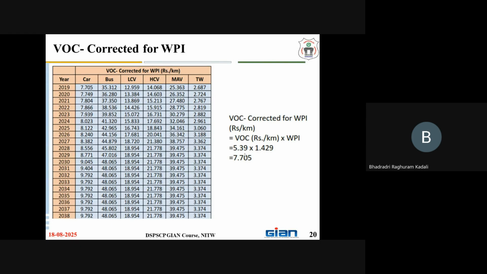For example, if I'm looking at the car, 5.39 is multiplied by 1.429. Then you will get 7.705. So this is the total vehicle operating cost estimated by the corrected WPI value. I hope you got the point why we need to multiply the WPI, or any questions or points to be discussed in that.